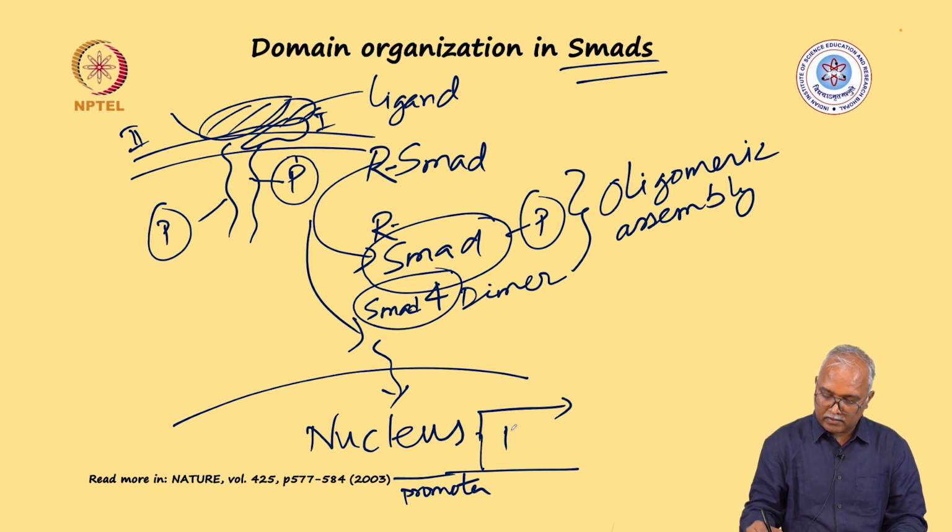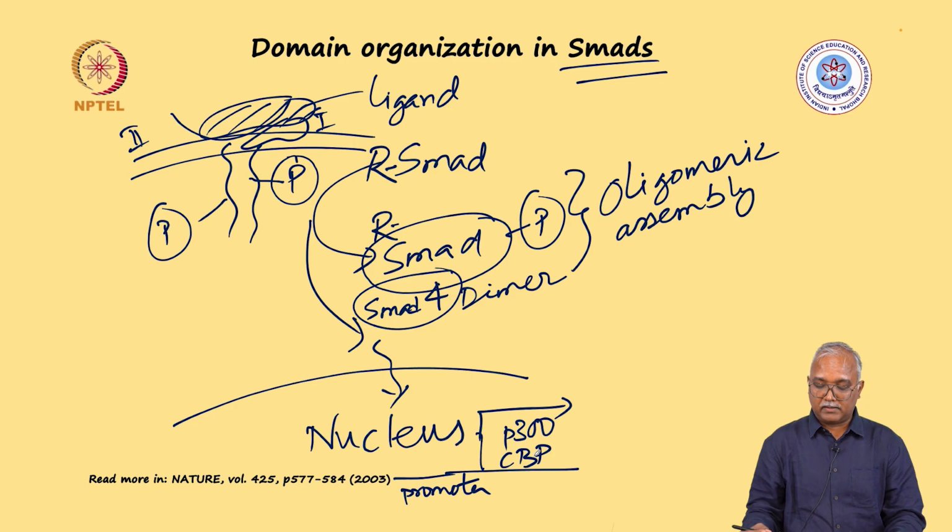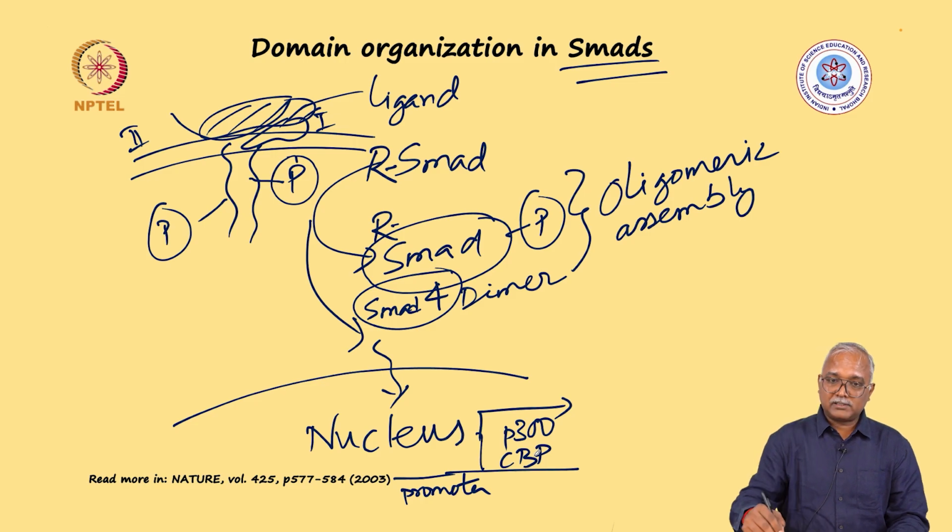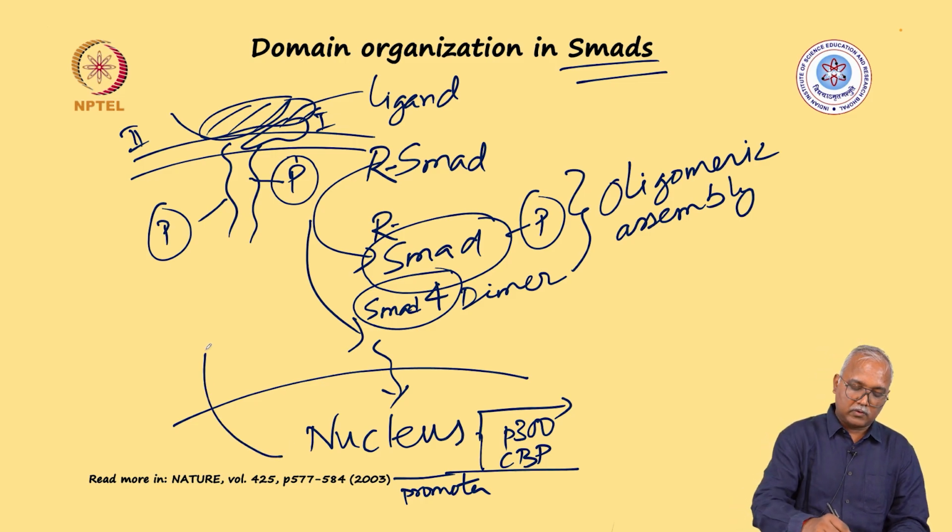Some of them are called P300 and CBP, through which they activate the signaling and ensure that the end product of this particular activity is met. Once the signaling is complete, the molecule goes out. For that you will need a dephosphorylation of SMAD event.